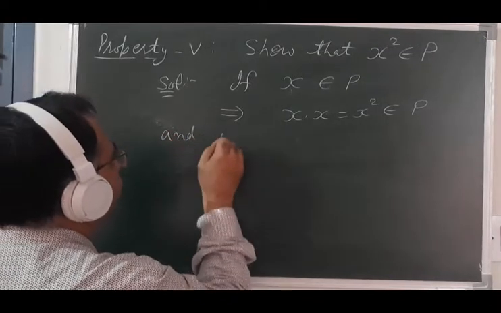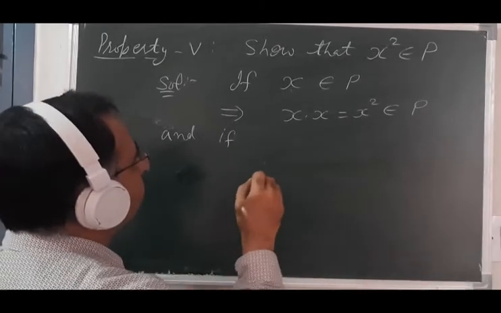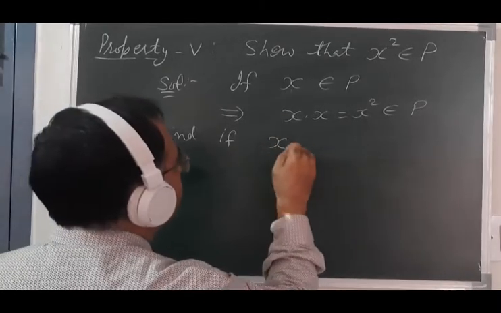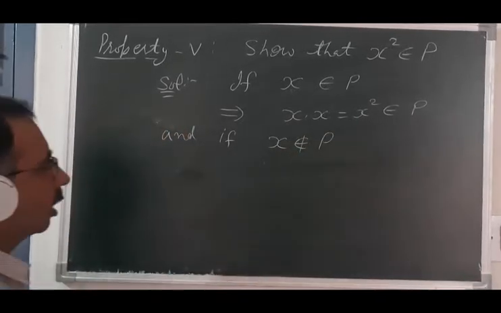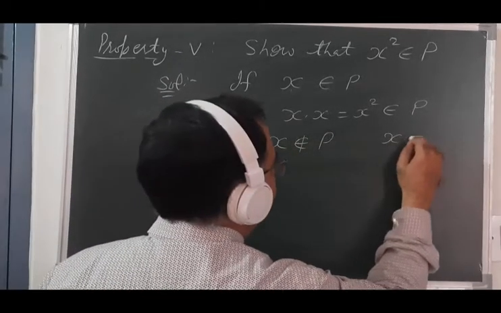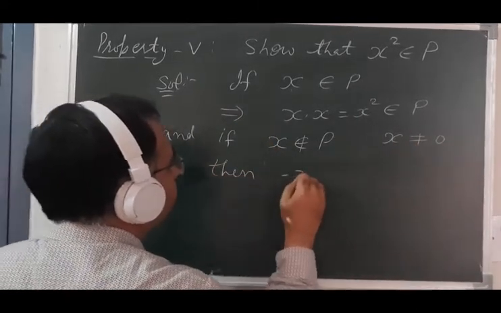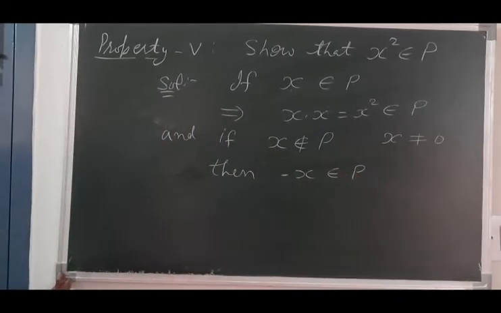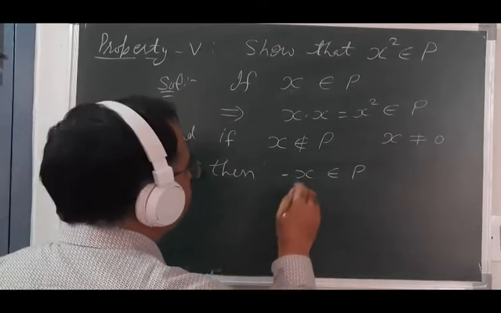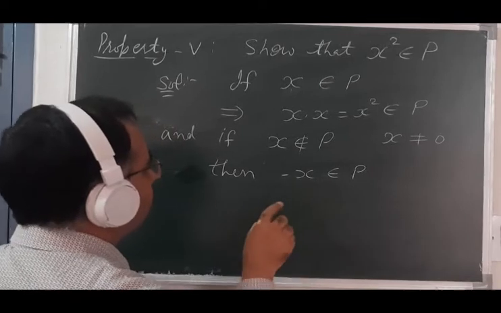And if x is non-zero and it doesn't belong to P, that is x is a negative number, then minus of x will belong to P. By our first axiom, one of the two numbers must belong to P. So now apply closure property under multiplication to minus x.